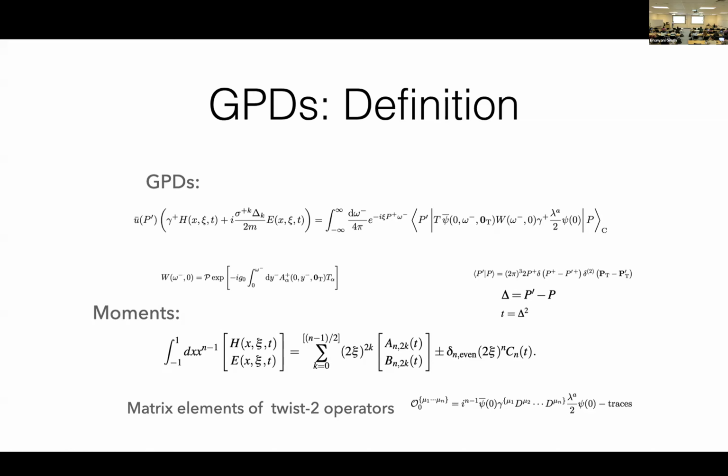And it turns out that these operators, or these generalized Parton distribution functions, determine the high energy scattering experiment when the momentum of the hadron is very high. In other words, when the hadron is propagating very close to the light cone.